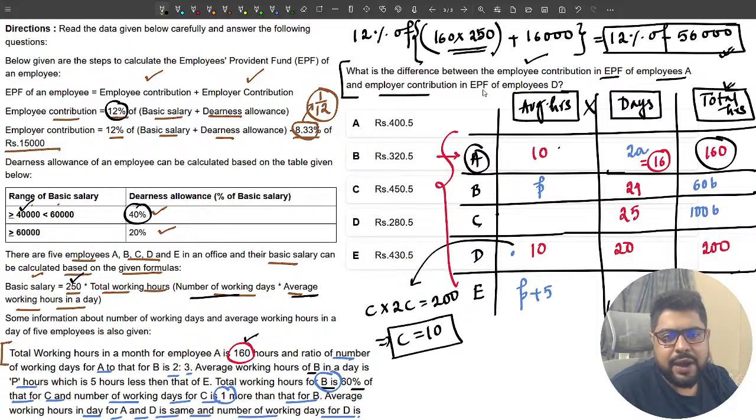And the employer contribution for D. For D also, the employer contribution is the same thing, 12%.